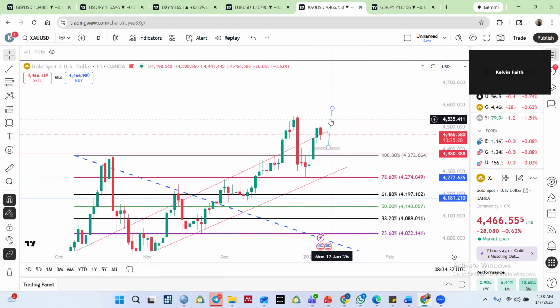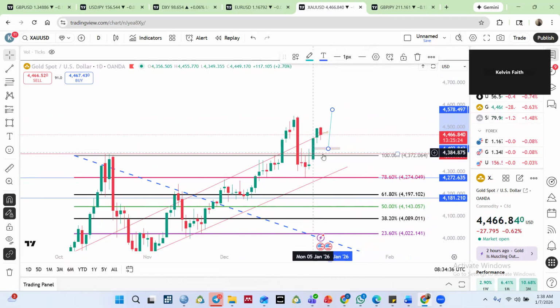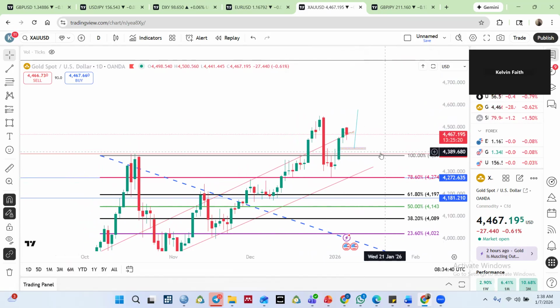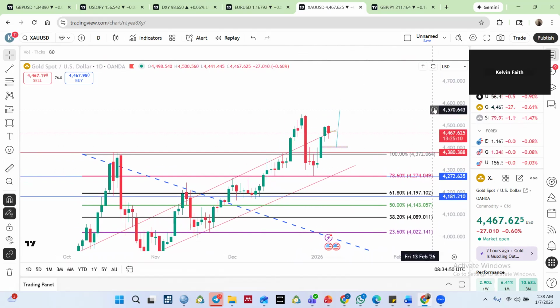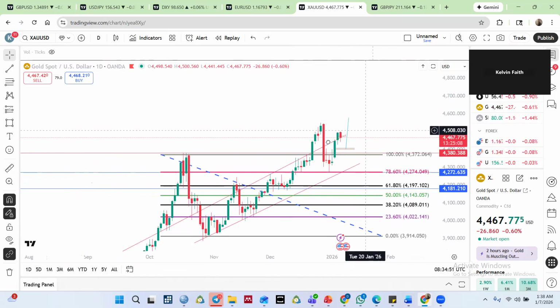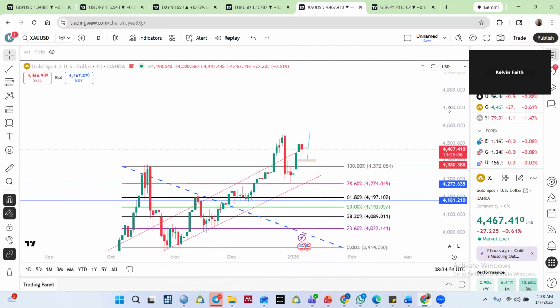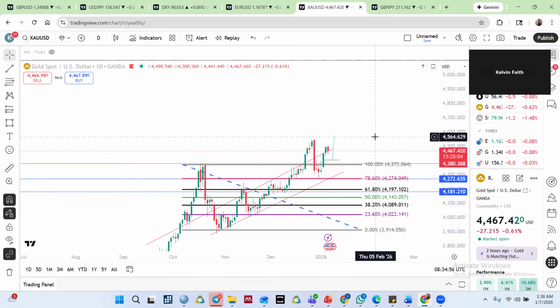So it makes sense for price to drop, retest, or stay above 100% to keep buying. So the 100%, we need price to be above it to be buying. But we dipped down to retest 78.6%, which is fun. So let's see. I expect a new higher high for now.